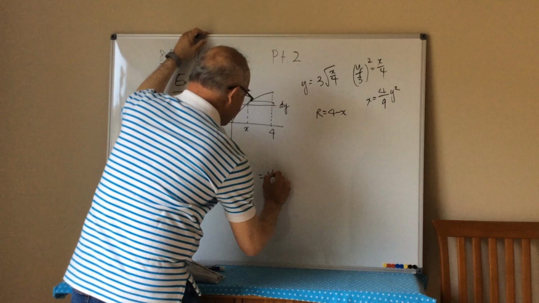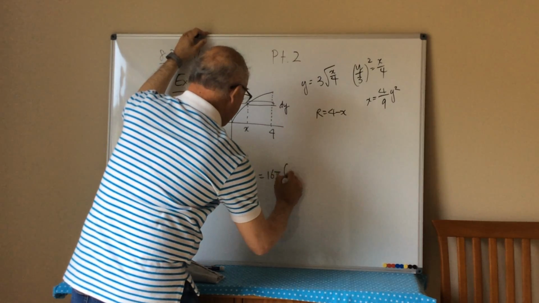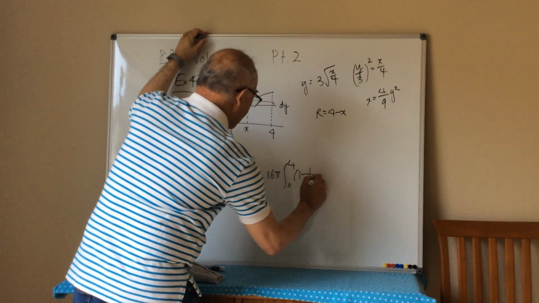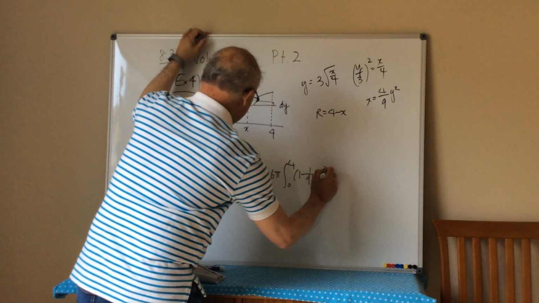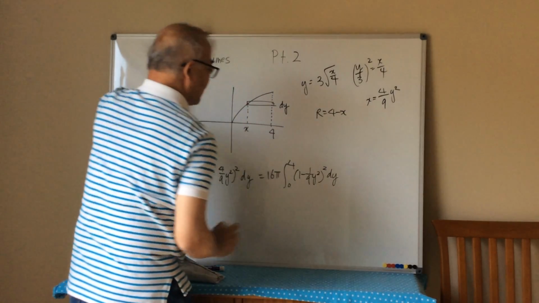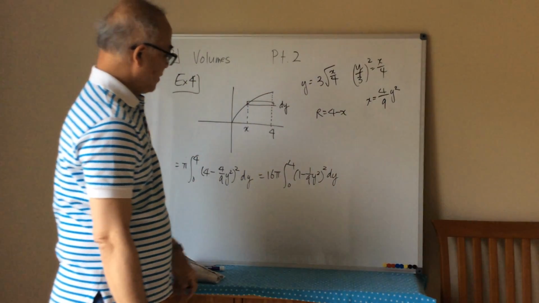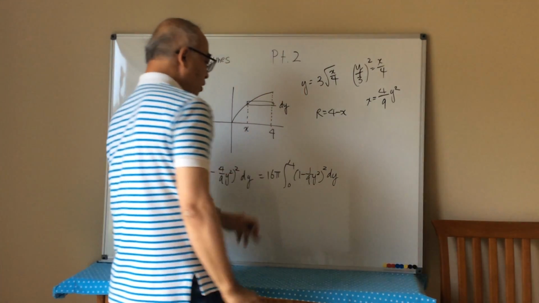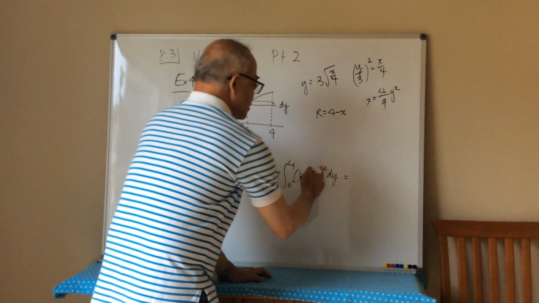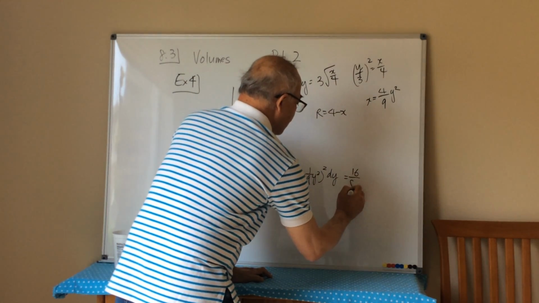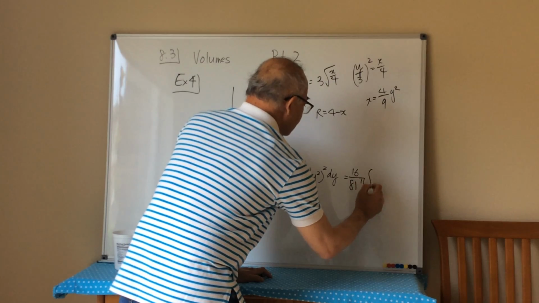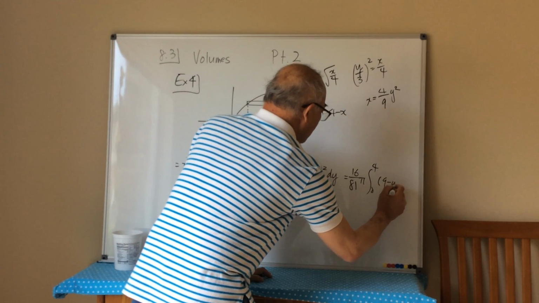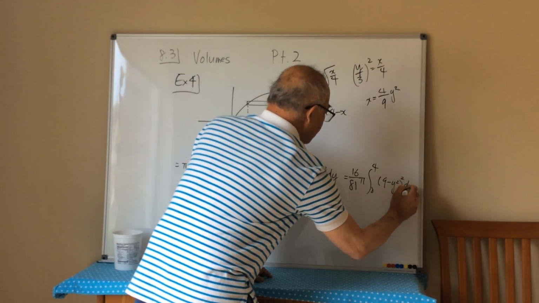So it's going to be 16 pi, 0 to 4, 1 minus 1 over 9 y squared, squared. Rather than leaving the 9 in here, I'm going to pull the 9 out also, but I have to square it, and this will be 9 y squared dy.